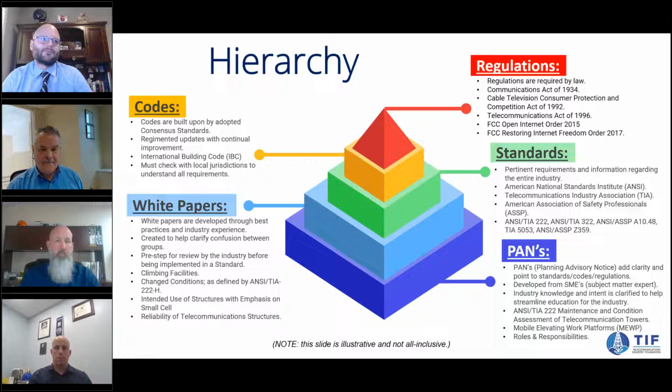On top of PANS, you then have white papers that take further education and development, and help to refine and disseminate more information. Those lead further into the standards that really do govern our industry. And standards lead up into codes, and we'll talk about the International Building Code. And then finally, at the very top, you have the regulations. And again, as Dave said, those are required by federal law.